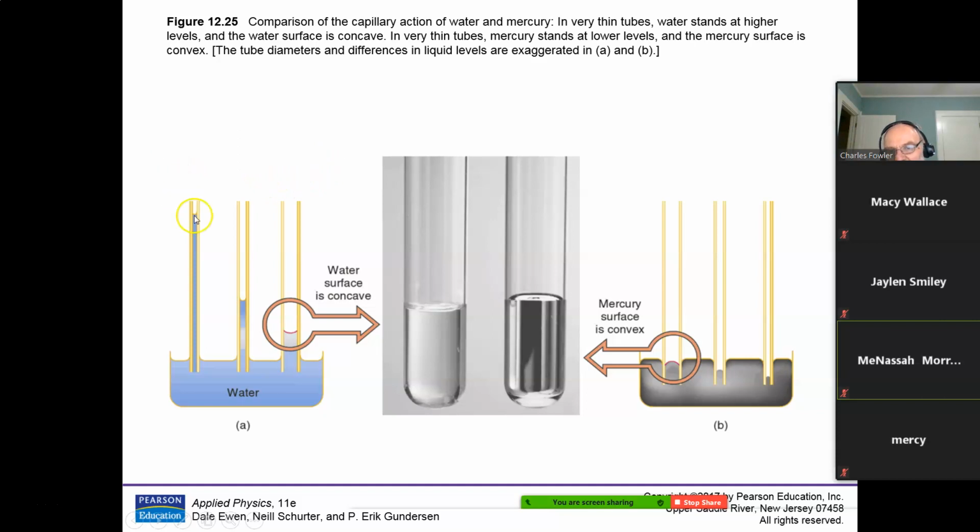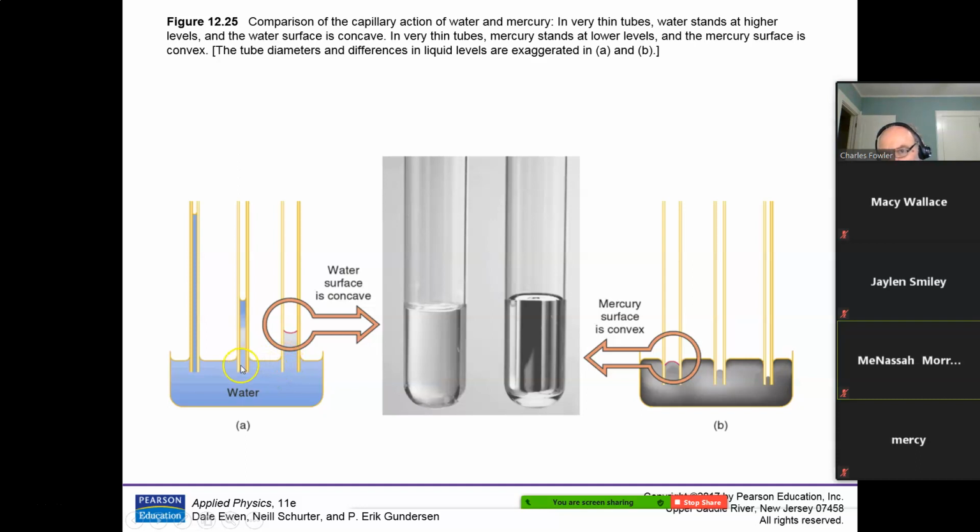Now you see the same thing happening here, but this is reflecting the fact that water also adheres to glass. And when you have water in a glass tube, if it's a small enough tube, you'll see the water actually climbs up into the tube. And the reason is the adhesion of water to the sides of the tube pulls it up there. But you see this container, water is adhering to that too. And here, and here.